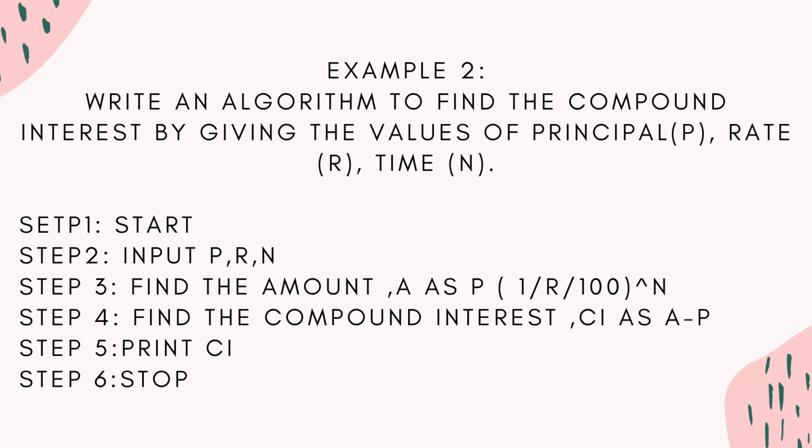We are printing the value that they asked us to find. To get an output, we give a command to print it. And in the sixth step, we close the program using the command stop.